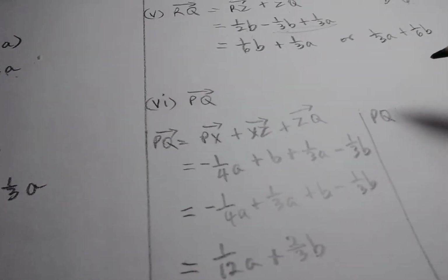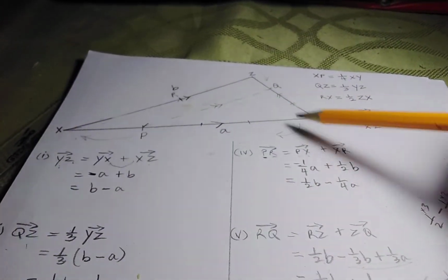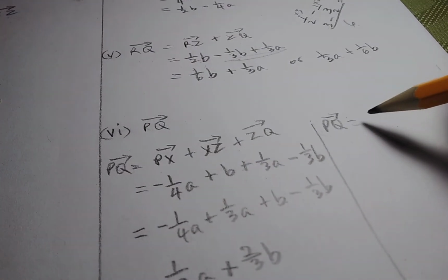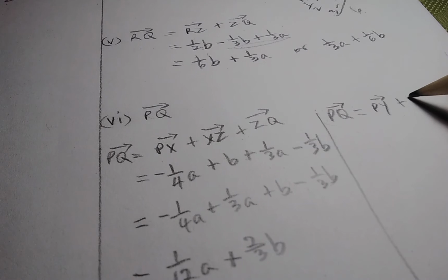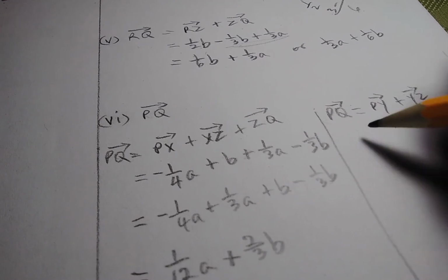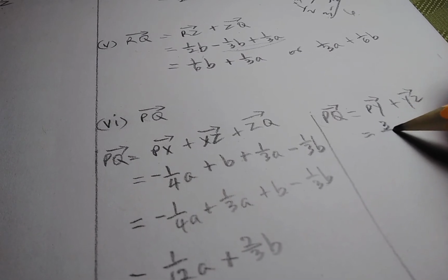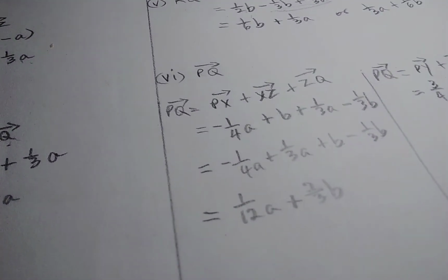We should get back the same answer going the opposite direction, going in this direction. P to Y, Y to Z. So it's going to be vector P to Y and Y to Z. P to Y is 3/4 A, because it's going in the positive direction.